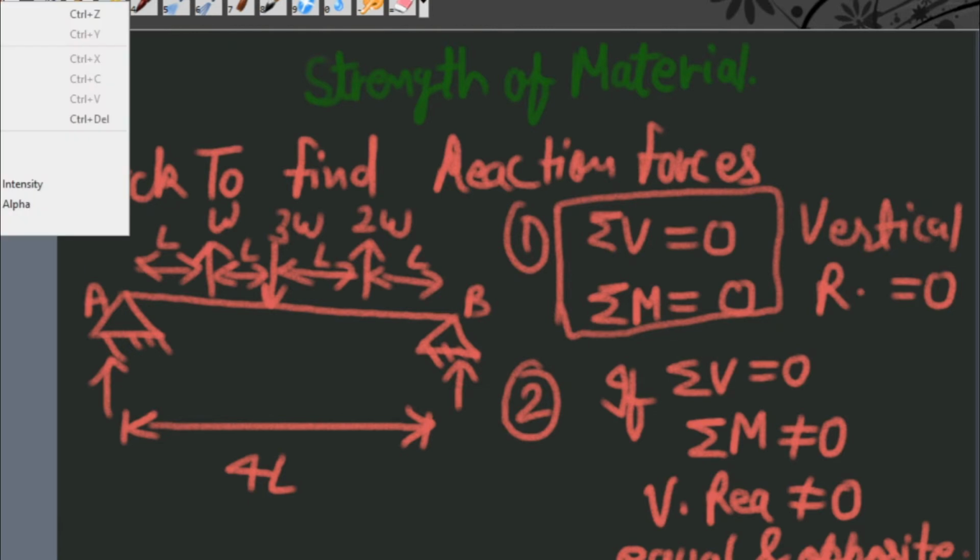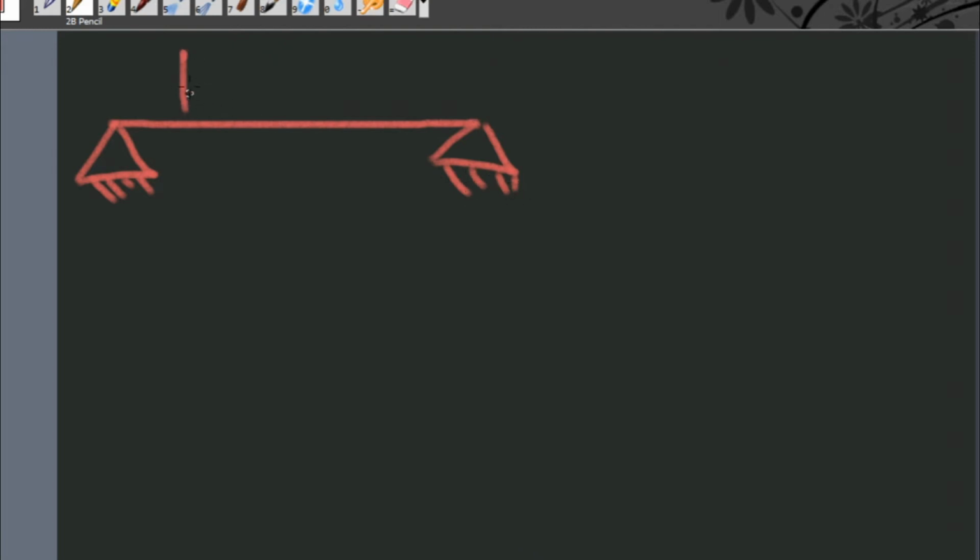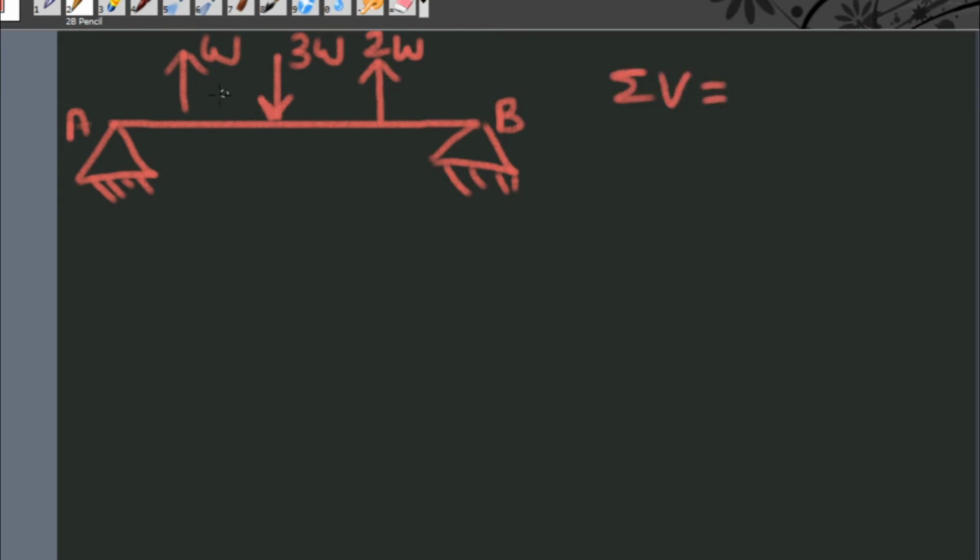So let's start. Here I am again sketching the question which is given. A simply supported beam of length 4L is given, and here the point loads are acting: W, here 3W, here 2W, and the distance between all of them is L. So find the reaction at the point A and the point B. First check the vertical forces.